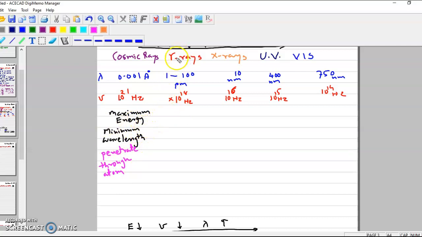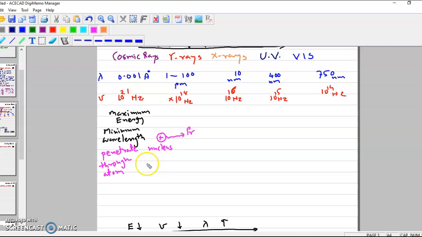Now, what is the effect of gamma rays on the structure of an atom? Gamma rays will penetrate the orbits and strike the nucleus, and it can emit protons or neutrons from the nucleus, and that will produce a nuclear reaction.